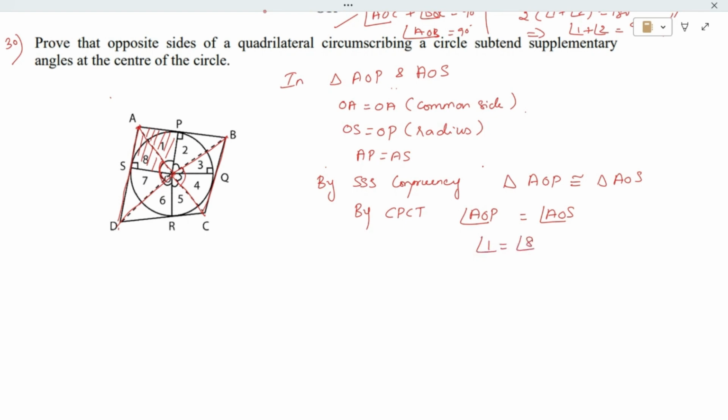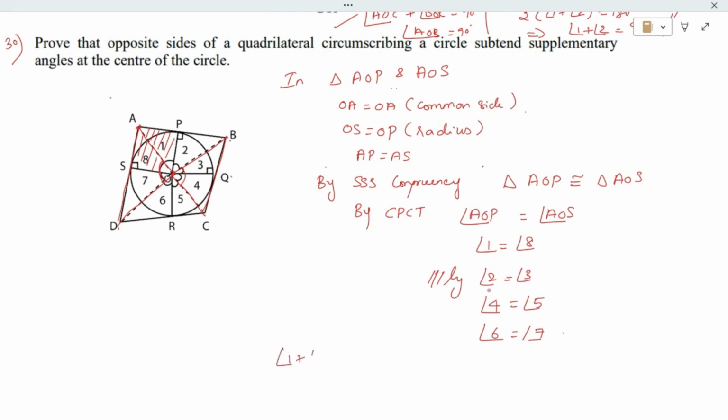Similarly, if I consider the triangles BOP and BOQ, angle 2 will be equal to angle 3. Similarly, angle 4 will be equal to angle 5 and angle 6 is equal to angle 7. Now, around a point O, all the angles will sum up to 360 degrees.